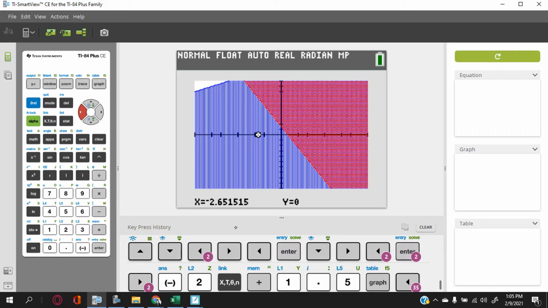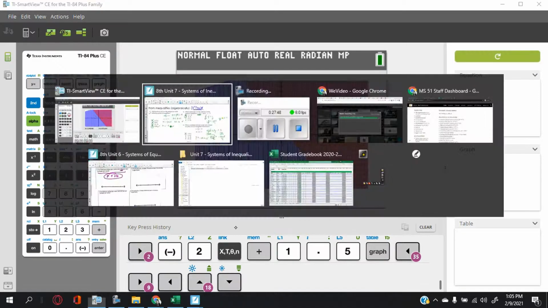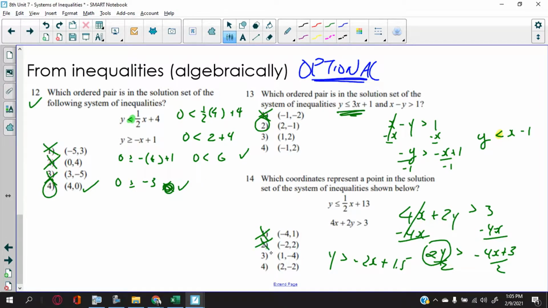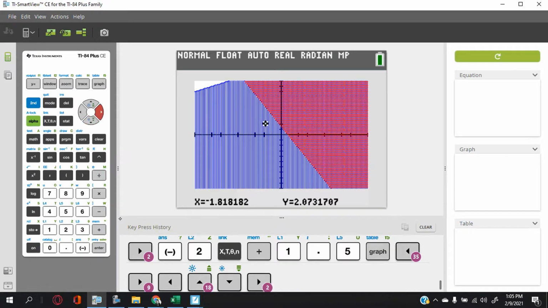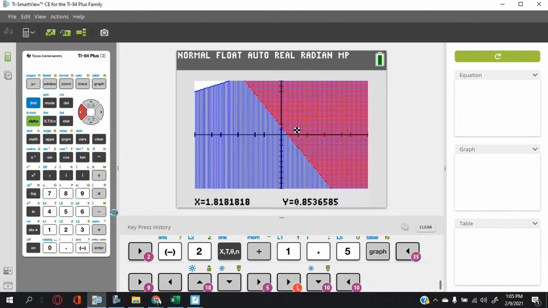Negative 2, 2 is right here. Nope. 1, negative 4. I have a feeling that it's going to be borderline.